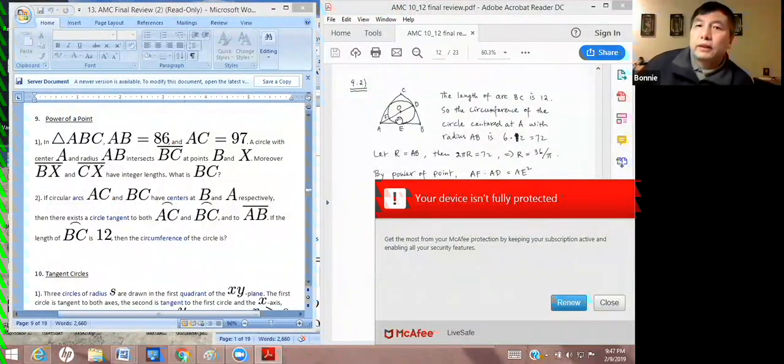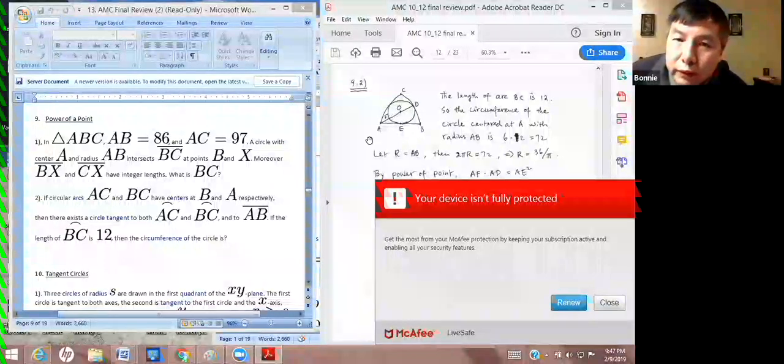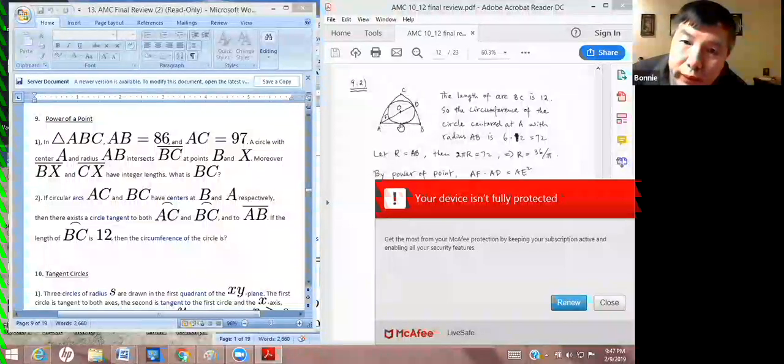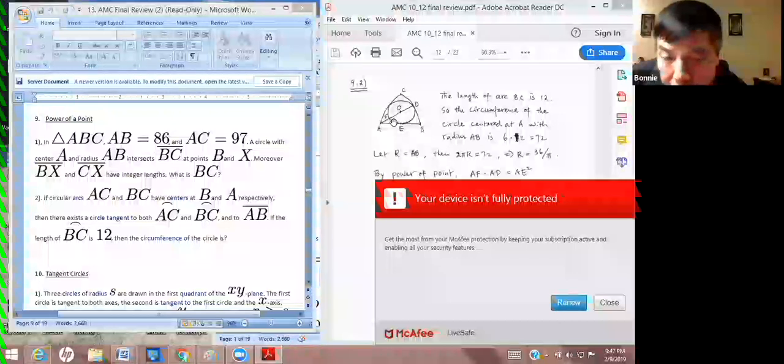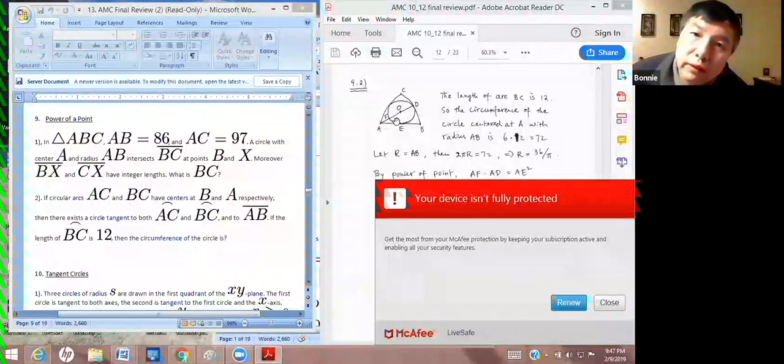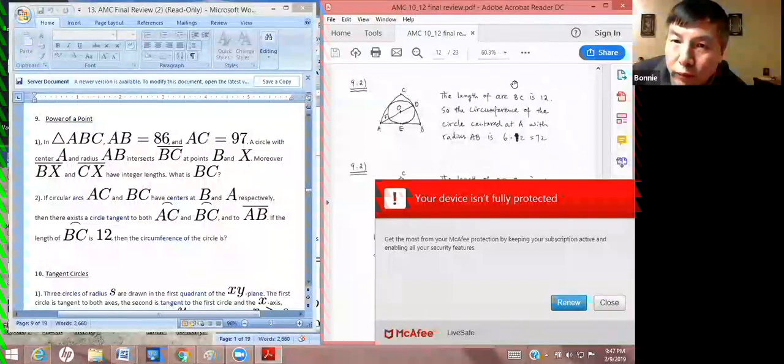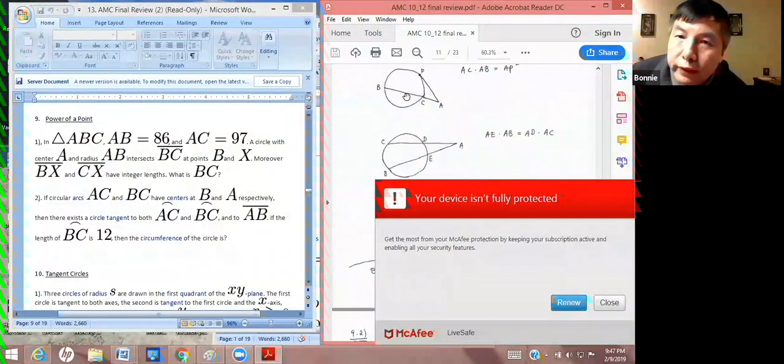Okay. Now if you look at A, D, and E, where E is the tangent point of the small circle and AB, and at AE, AD, and AF, we can apply the power of a point, the second form. We have a tangent line and a chord passing through the circle.